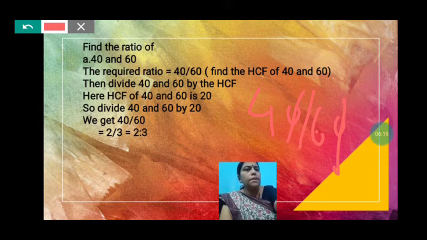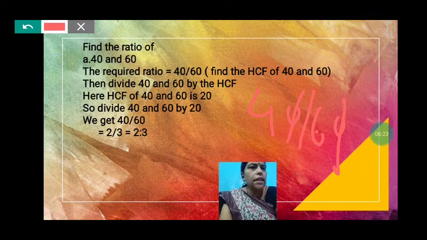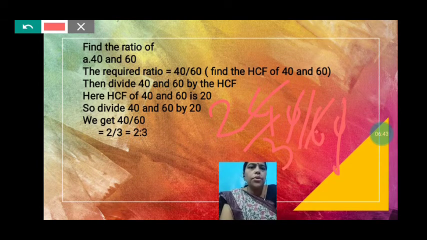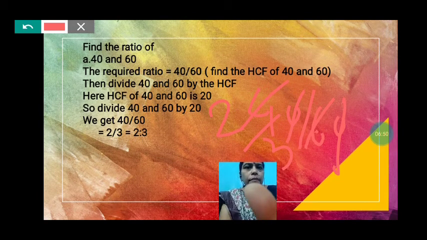Now again it can be simplified to its lowest term. With what can I divide? I can divide it by 2, because both the numbers should be divided by the same number, and 4 is divisible by 2, 6 is also divisible by 2. So I reduce it to the lowest term. 2 2s are 4 and 2 3s are 6. So here we get 40 by 60 is equal to 2 by 3, which is 2 is to 3.